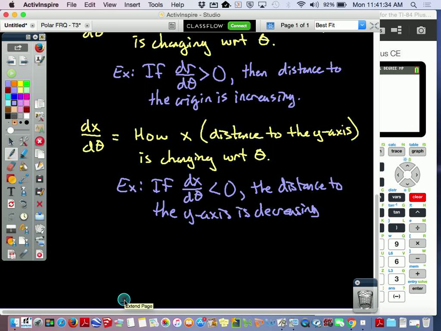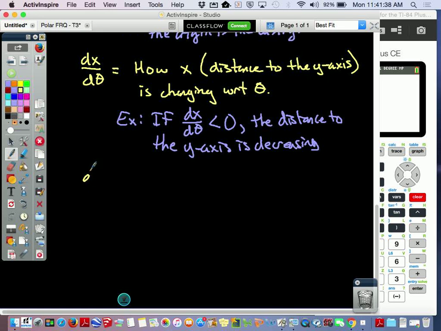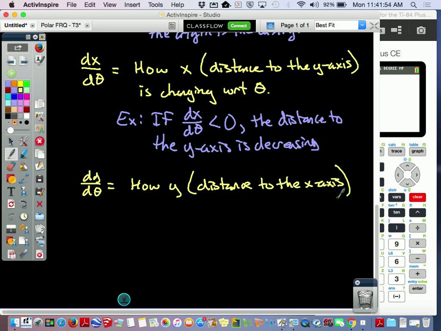All right, now if we have dx d theta, we of course also have dy d theta. dy d theta is how y, which represents the vertical distance to the x-axis, is changing with respect to theta. And the interpretation would be very similar to these last two examples.